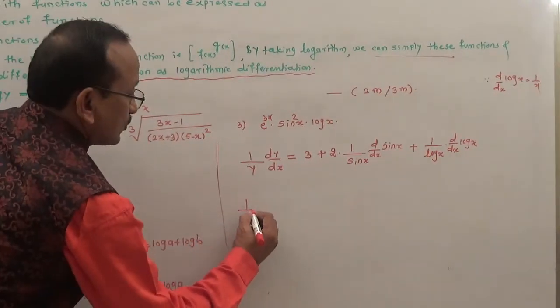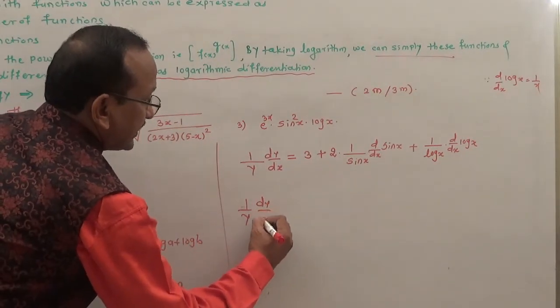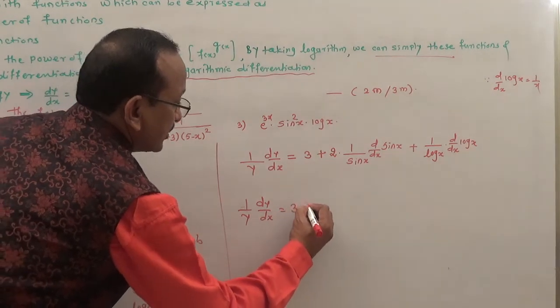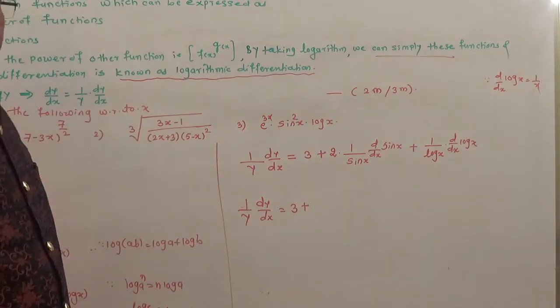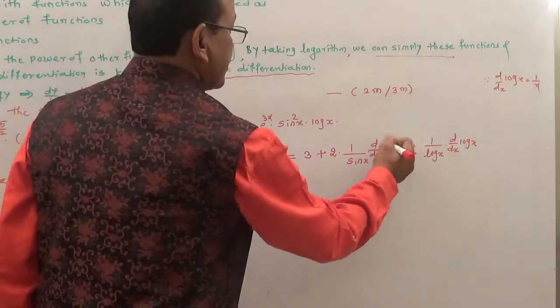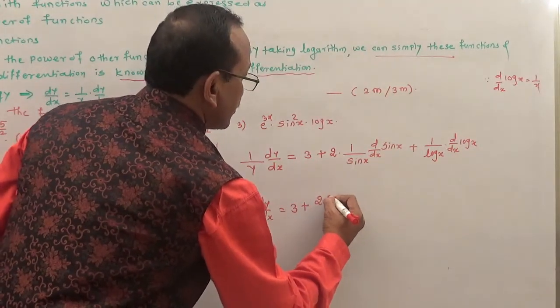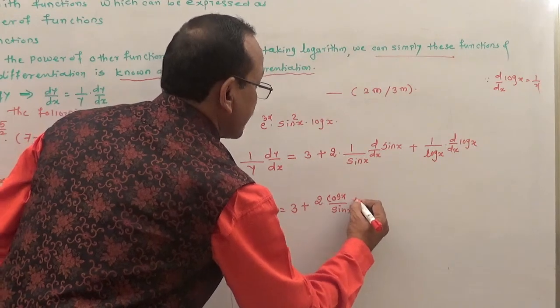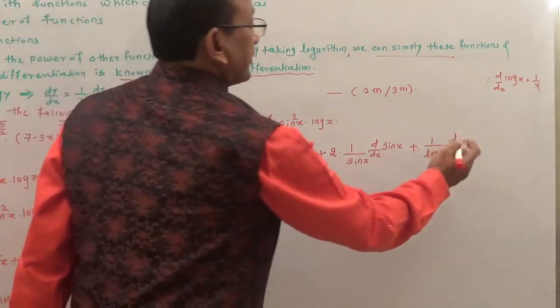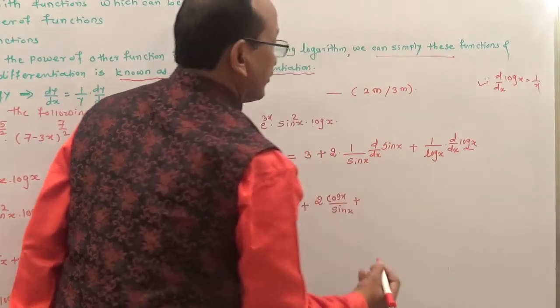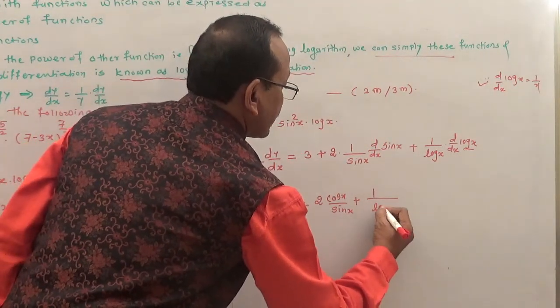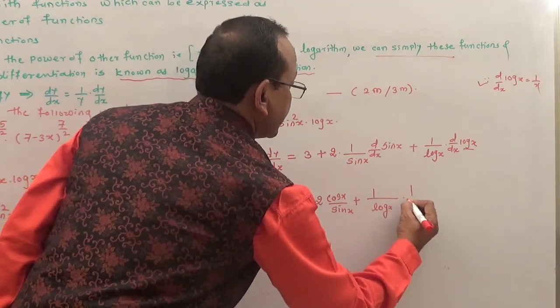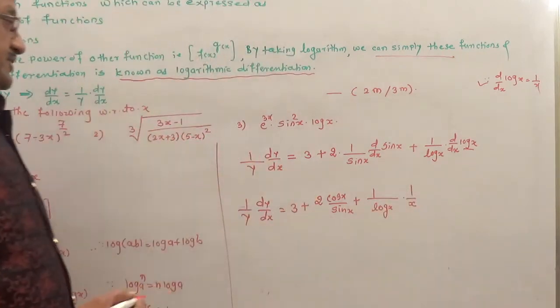Now 1 upon y dy by dx is equal to 3 plus, derivative of sin is cos, meaning 2 times cos x upon sin x, plus derivative of log x is 1 upon x, meaning 1 upon log x into 1 upon x.